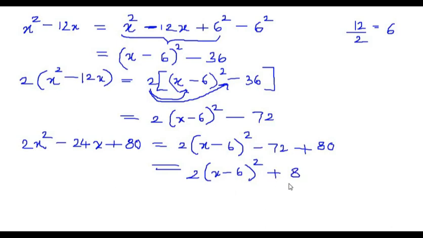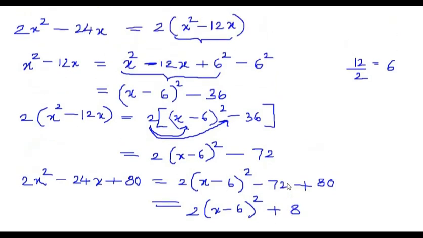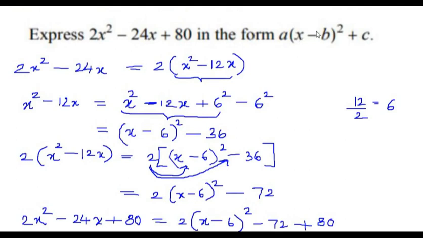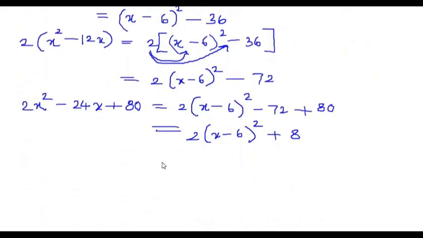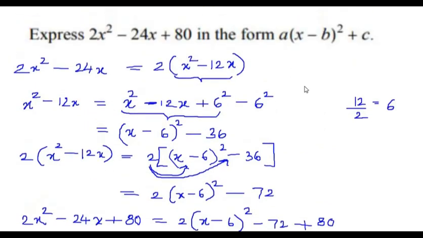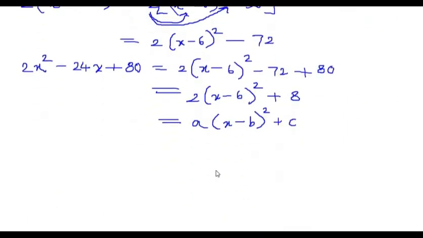So now we have got the answer in the form they wanted us to get the answer. That is a(x minus b) the whole squared plus c. Now we have to find the values of a, b and c. Again we are going to compare the values.